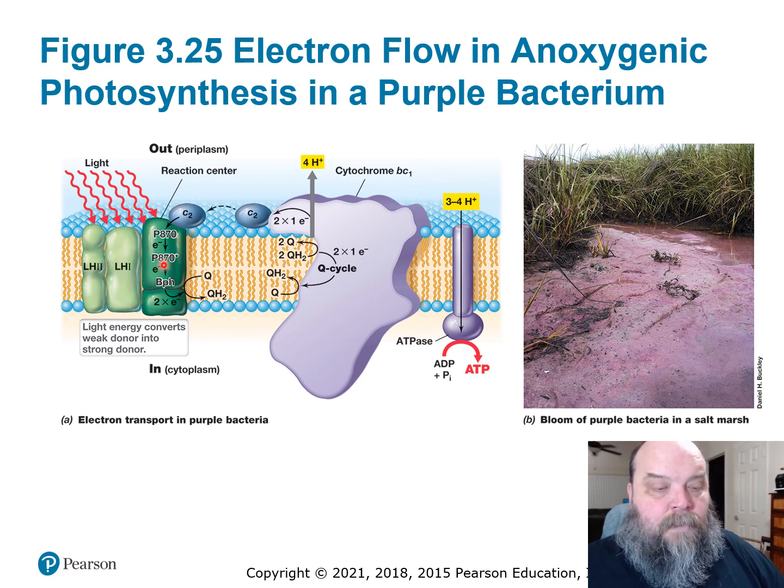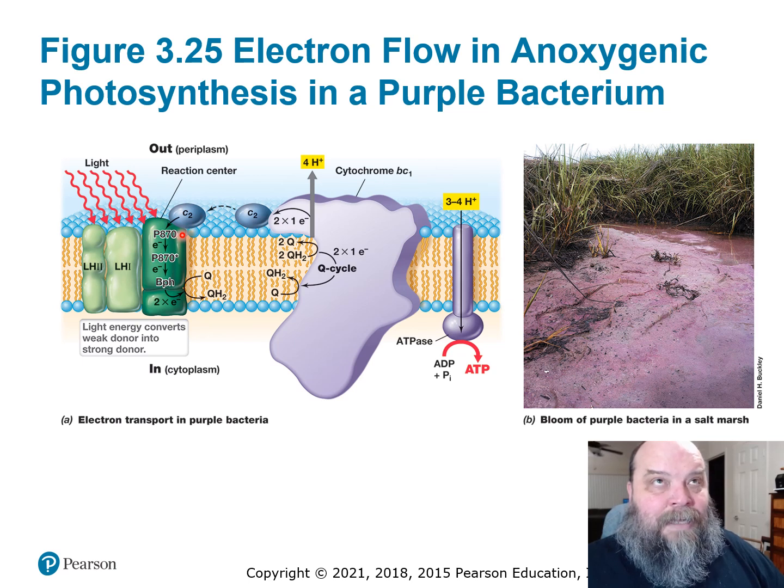The pigments pass along that energy, give up an excited electron, Q to QH2, which will then be cycled through this cytochrome complex, that high energy electron, boom, boom, boom.